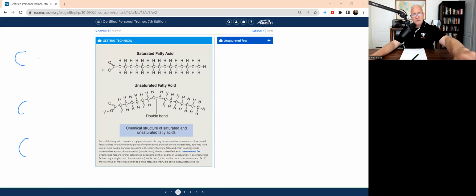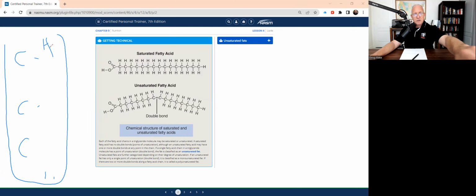You have hydrogen, and I'm just drawing stuff for you. So you got your hydrogens, and you got your oxygens, and I'm not going to draw the whole thing, but this glycerol, remember the C3H8O3, this forms what we call the glycerol backbone.